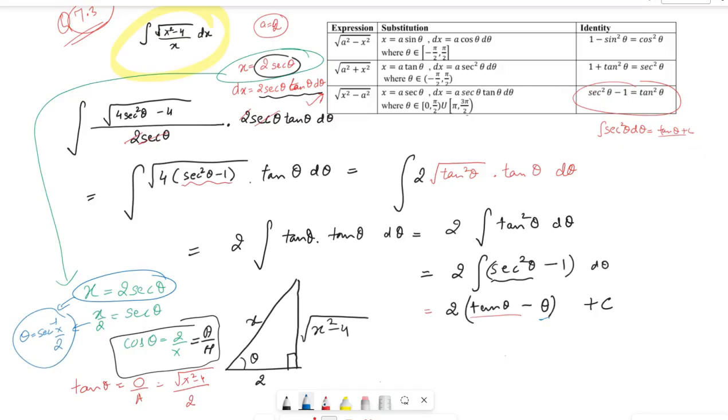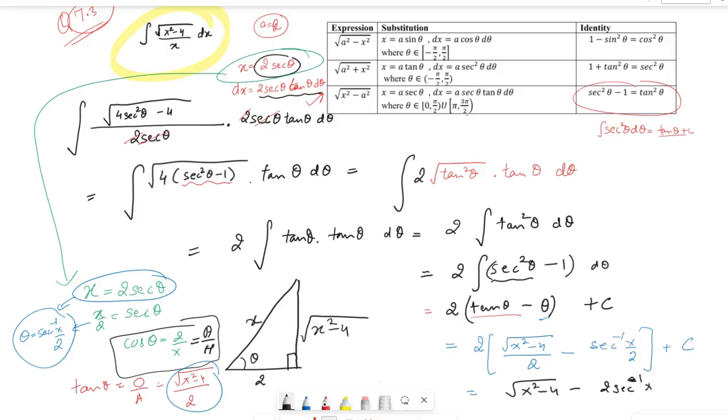So let's write this down. This is 2. In place of tangent, we can write the square root of x squared minus 4 by 2, because of this. Minus, in place of theta, we can write secant inverse of x by 2, plus c. When I multiply the 2 inside, it's the square root of x squared minus 4, minus 2 secant inverse of x by 2, plus c.